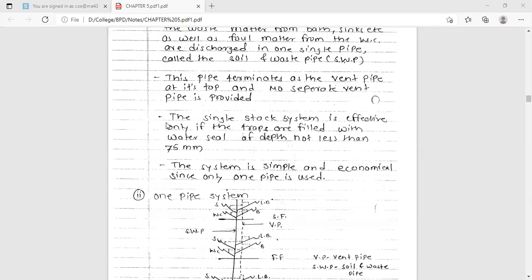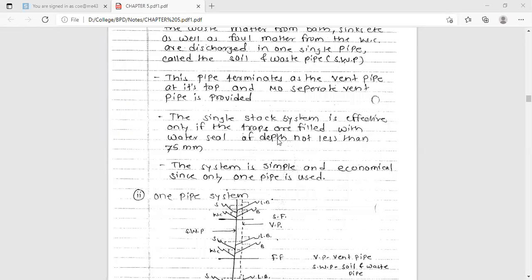This single stack system is effective only if the traps are fitted with a water seal of depth not less than 75 mm. Whatever traps we are going to fit to the various outlets, in those traps at least we have to maintain the water seal level of 75 mm depth.